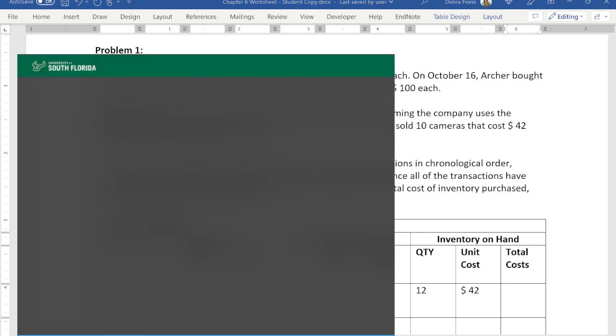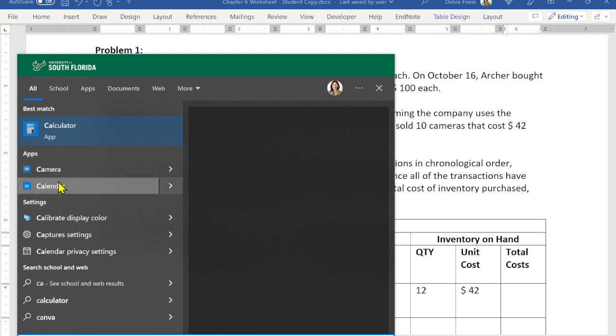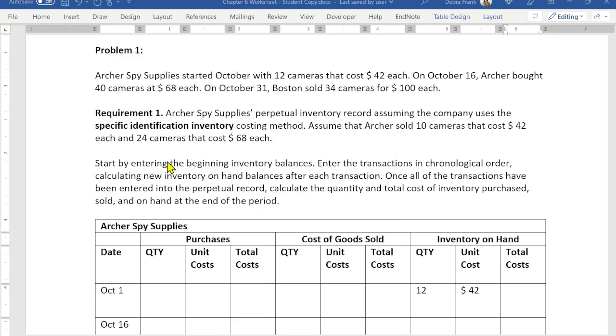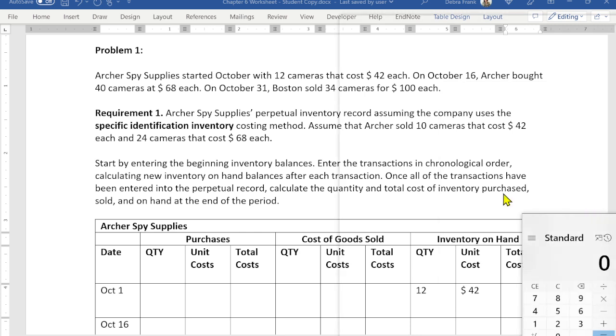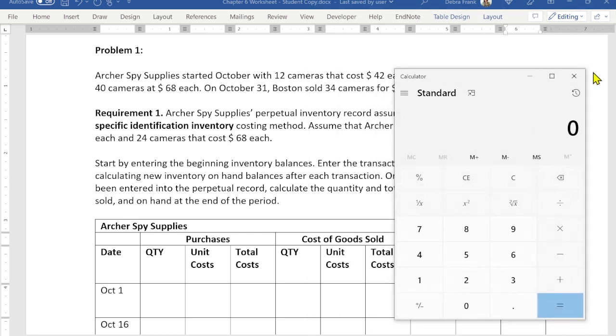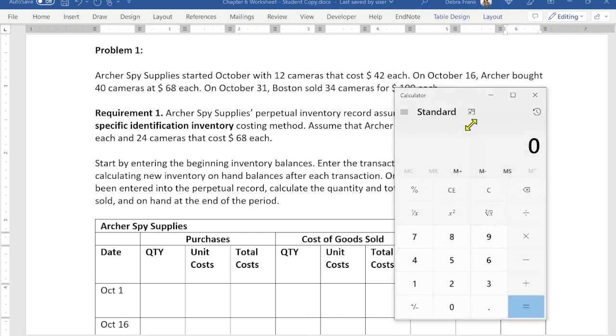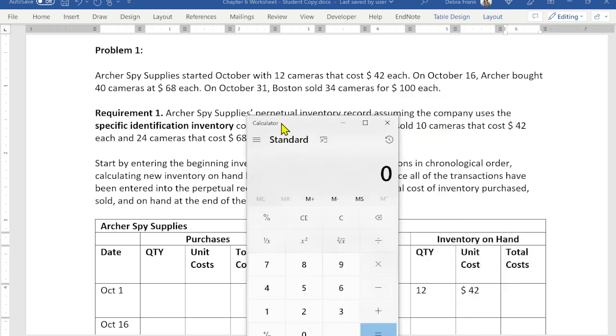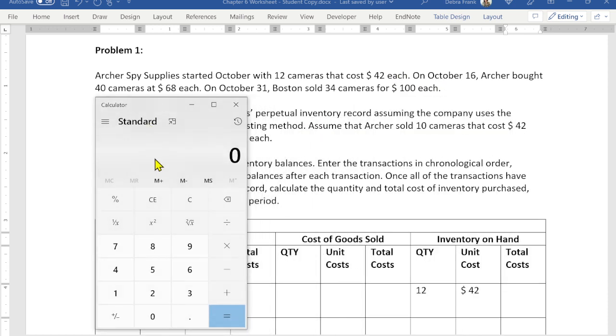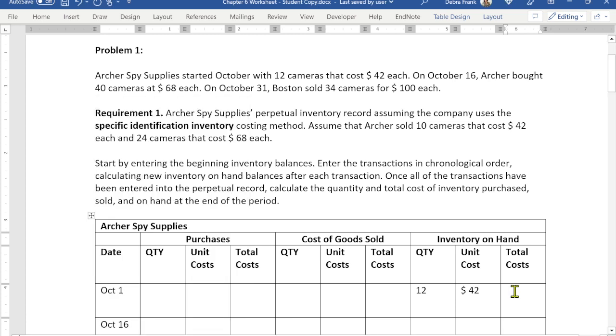If you're super smart in math, you probably got it already, but let's just bring up a calculator for us because we'll probably keep needing that. So that way you know what I'm doing. So we have 12 at $42, so we're looking at $504 for the total cost. We'll put that in that box.